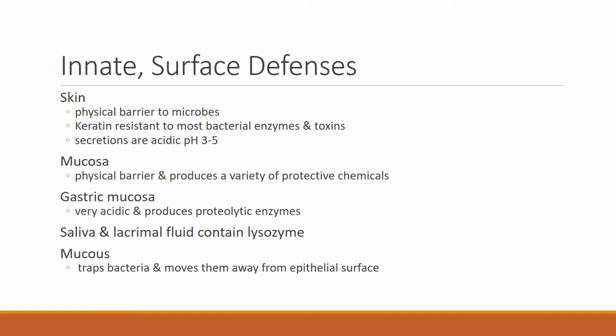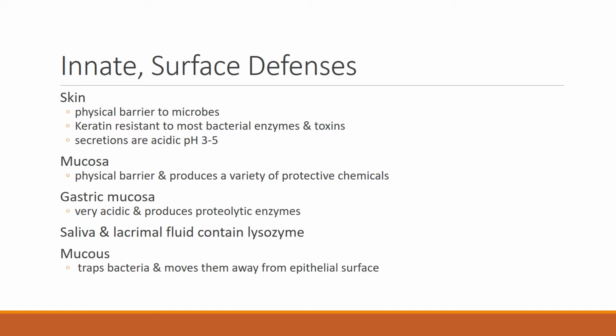It is very high in acid, especially within the stomach, with a very low pH, and helps with production of proteolytic enzymes, which break down proteins found within bacteria. We also have saliva and lacrimal fluid that have lysozymes. Our eyes are constantly being flushed with lacrimal fluid, which prevents bacteria from entering the nervous system as well as the bloodstream.